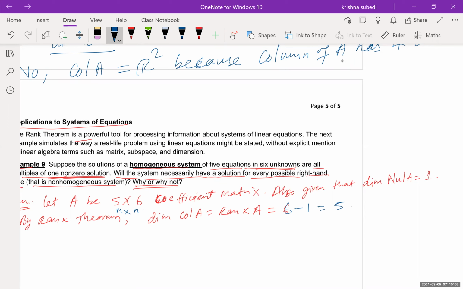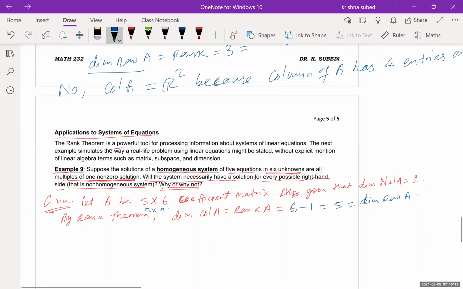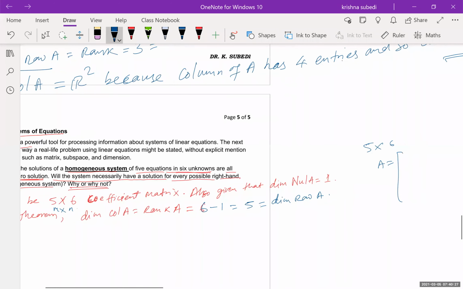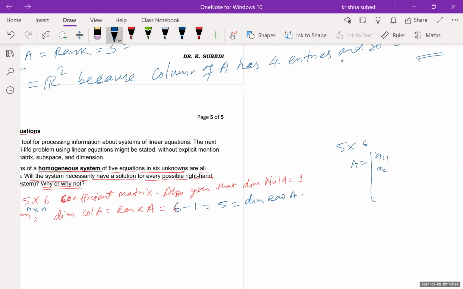So the dimension of column space of A, or rank A, is 5, which we can also write as the dimension of row space of A. What it means is there are 5 rows. This is 5 by 6, and there are 5 rows: a11, a21, a23, a31, a41, a51, and this is the kind of matrix there.